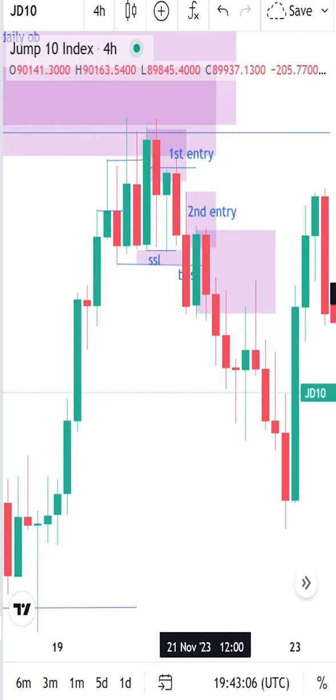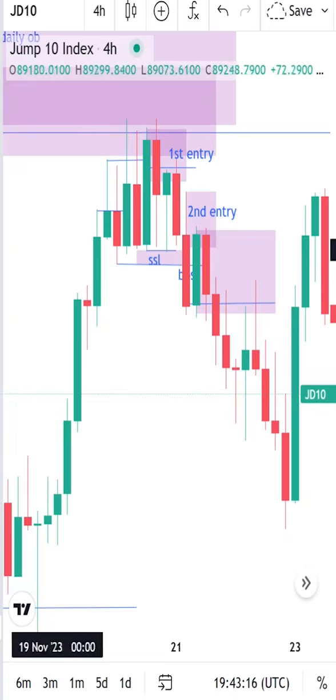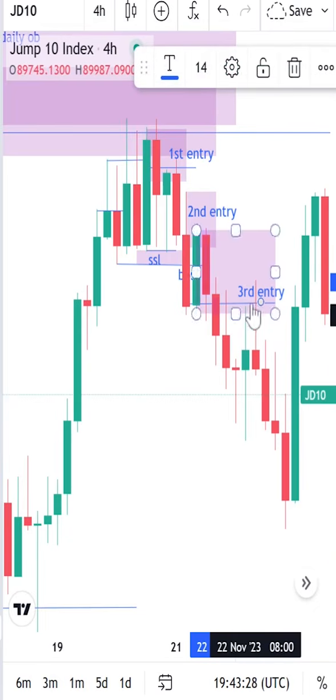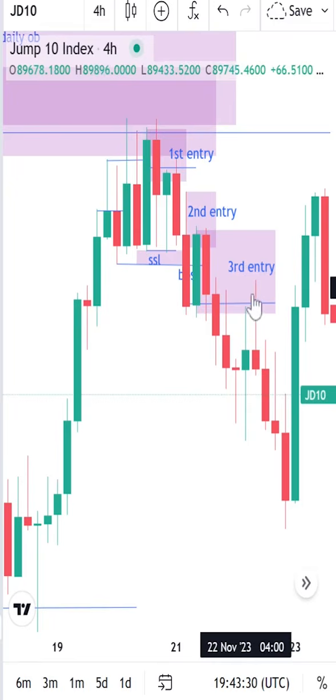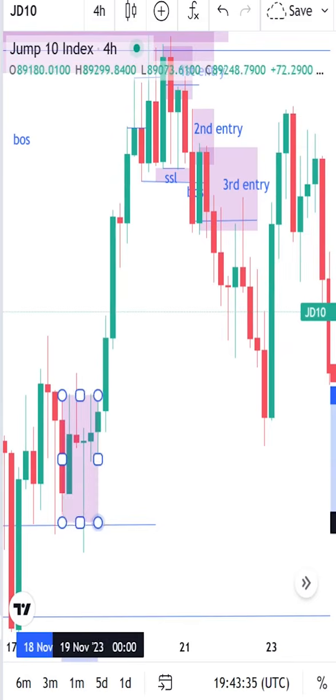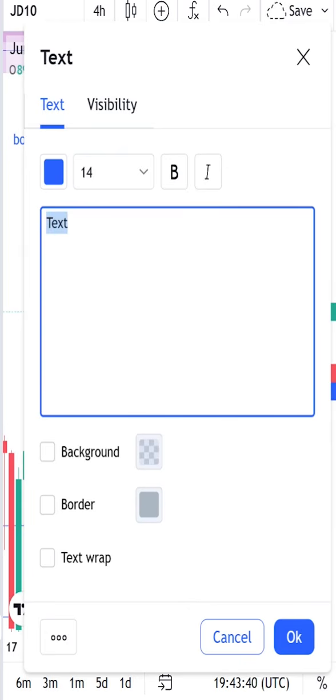The market kept on going down, and then when it came back up, I found it as an opportunity to do what? To place more entries right here for my third entry. And then we rode with it to collect our profits right here for the close.